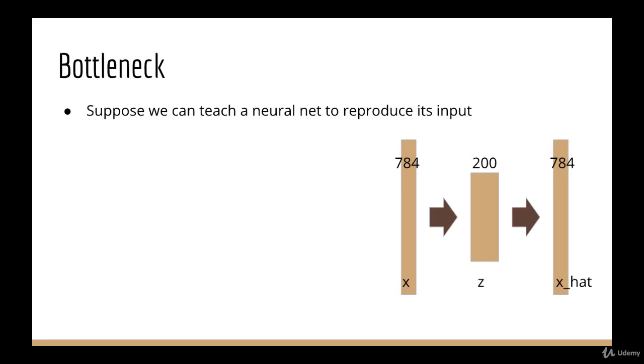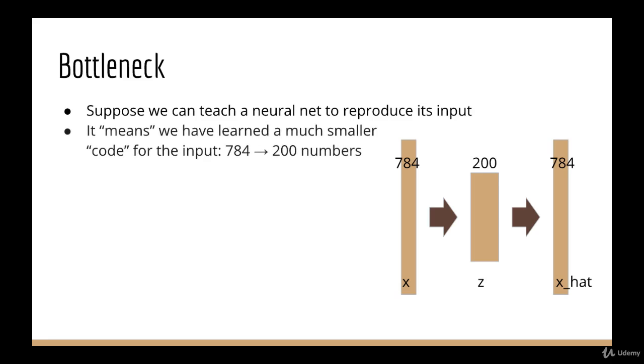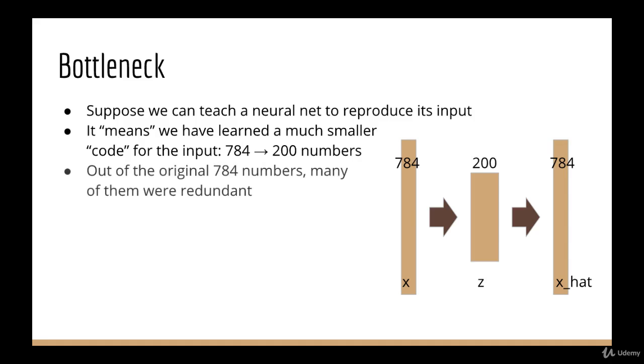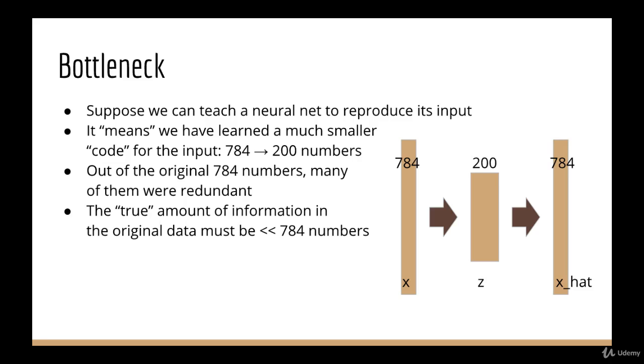Let's assume that the input size to this autoencoder is 784 dimensions, and the hidden layer size is 200 dimensions. That means we have learned to represent whatever image we've passed in, which consists of 784 numbers, as a much smaller code instead, 200 numbers. Well, what does this mean? That means out of the original 784 numbers, many of them were redundant. The true amount of information contained in the original data must then be much less than 784.